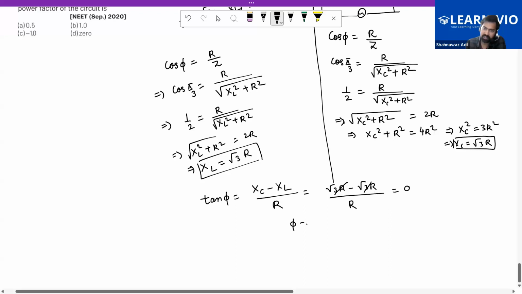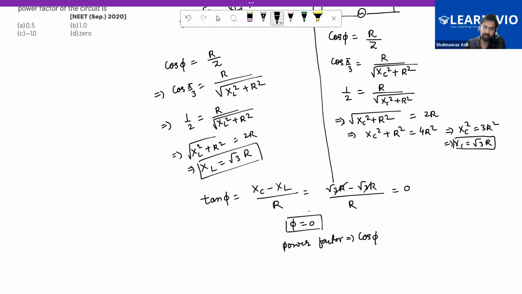So phi is 0. Right, phi is 0, so the power factor would be cos phi, that is cos of 0, which is 1. So that would be the power factor, 1.